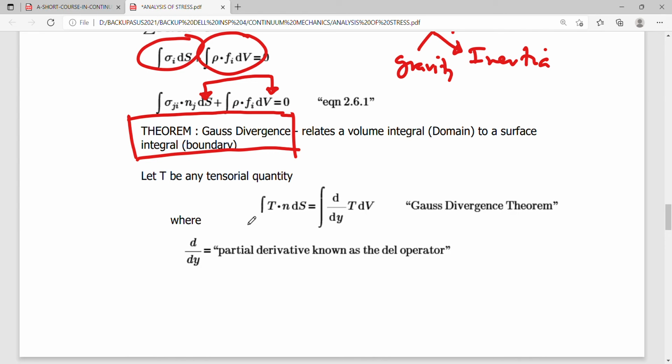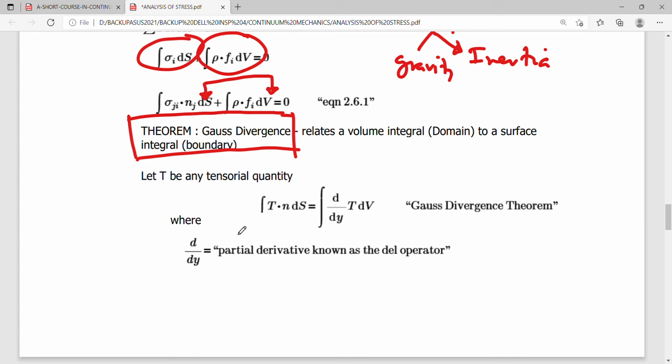Just like thinking about how big will be your volume when your surface is big. Okay? Let's say the surface area of a certain body will depend on the actual volume of the body.